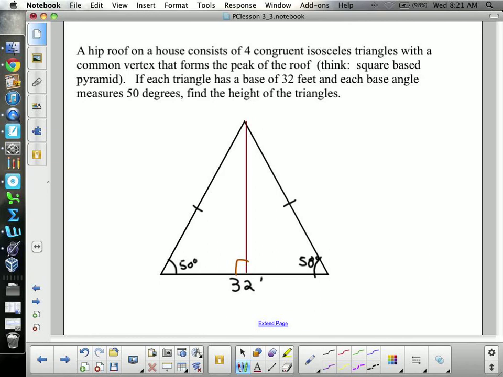This is a bisector, so this becomes 16 feet and this becomes 16 feet. Then it's pretty easy to find the height, because again we use tangent. Tangent of 50 is opposite over adjacent. I'll leave calculating the actual height to you.